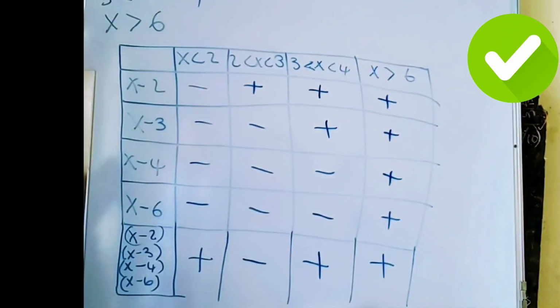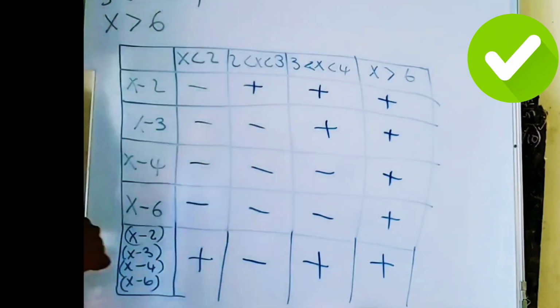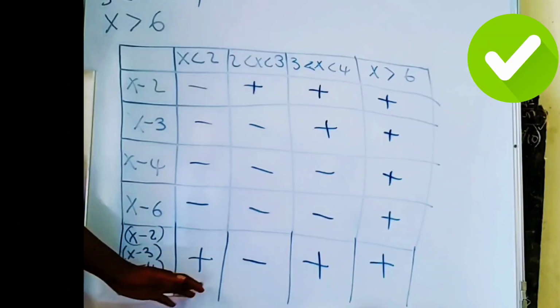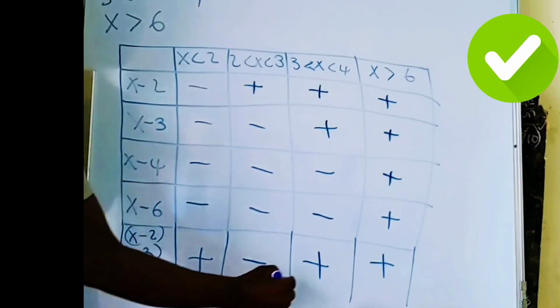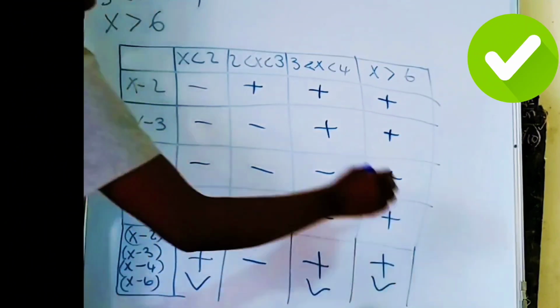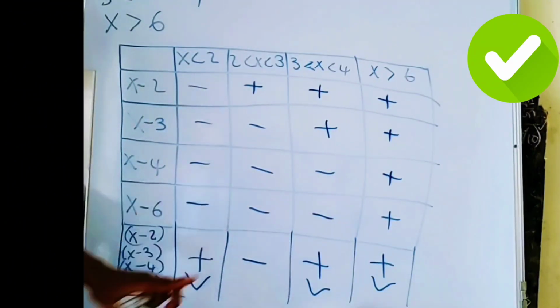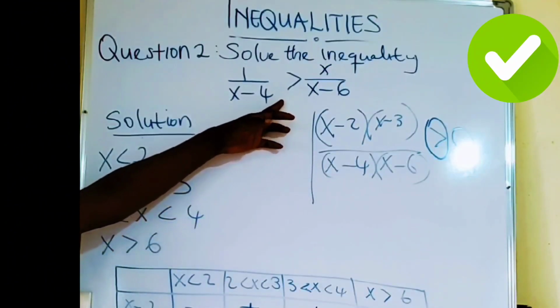So in our question, we have the inequality greater than, meaning what? Positive. So the range that satisfies our inequality is every positive range. And so we have this, this, and this. These are the ranges that satisfy this inequality.